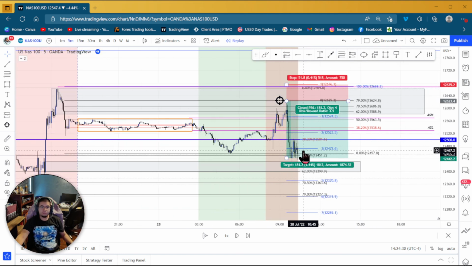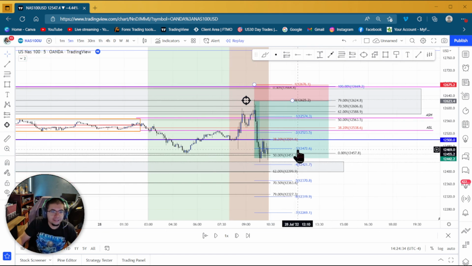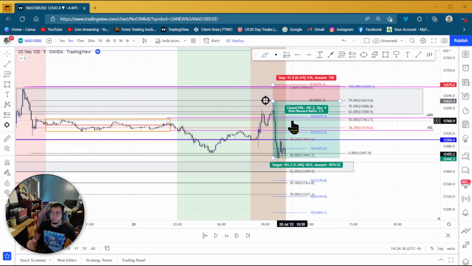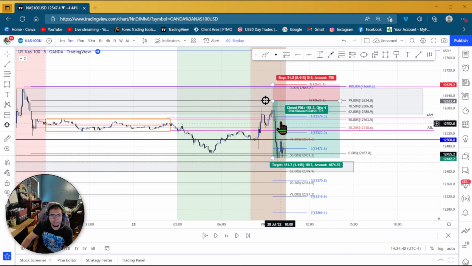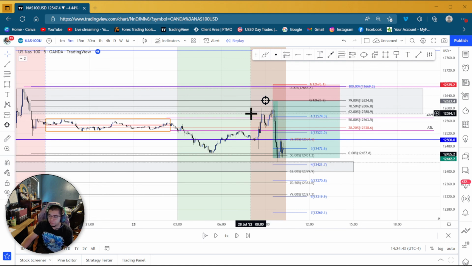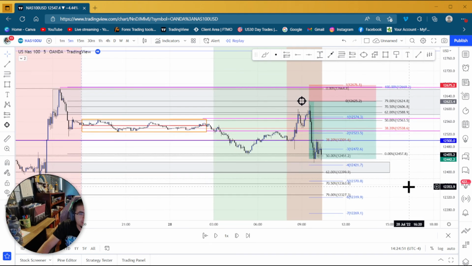I wouldn't trade anymore today. But yeah, guys, I just wanted to show you that we caught a 1 to 3.5. This total move was a 3.5 risk to reward, and we got it. With the partial that we took at TP3, the 2%, we made about 3% today on this trade.